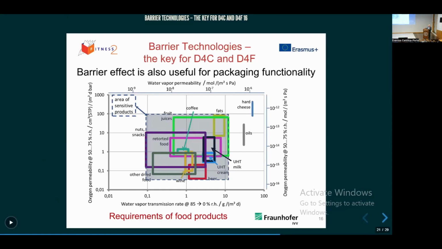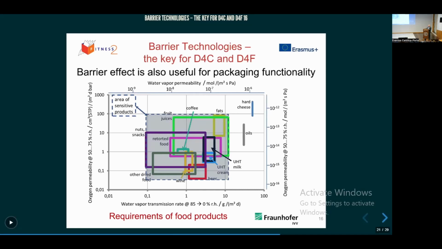So my usual simple figure to demonstrate this is to plot the water vapor transmission rate and the oxygen transmission rate, and to put in the regions that are required for some different types of foods.